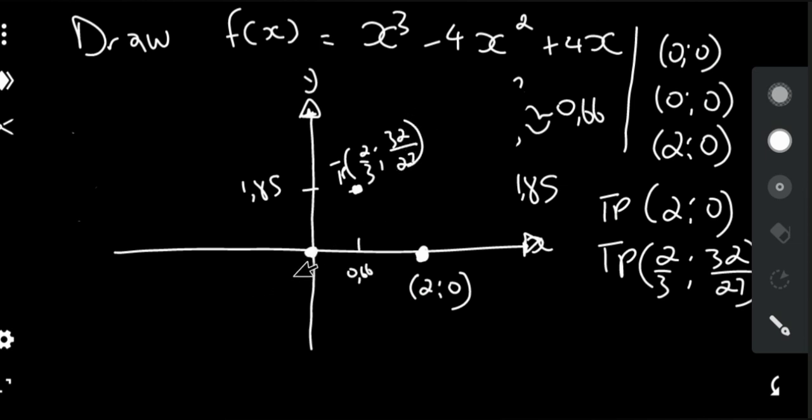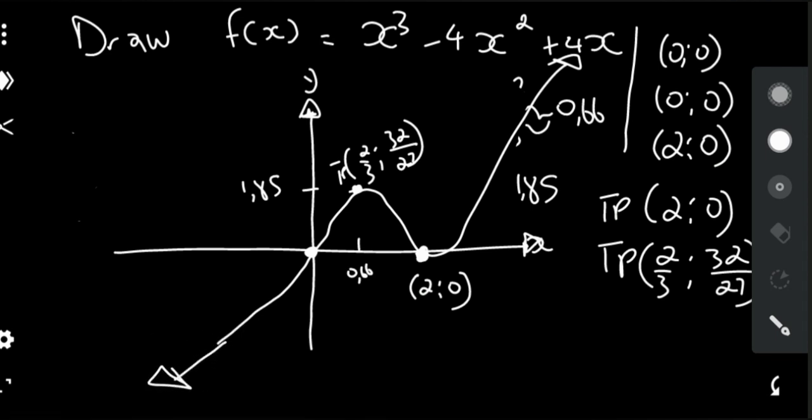So we need to join the points. So it's going to be like this, and since it's a turning point, the graph will turn, and then it's gonna increase once again. That's how you sketch the cubic graph.